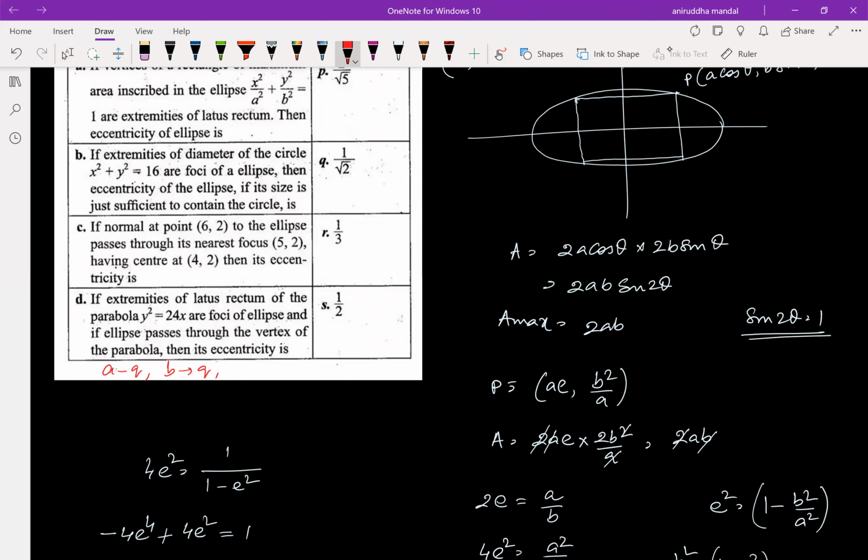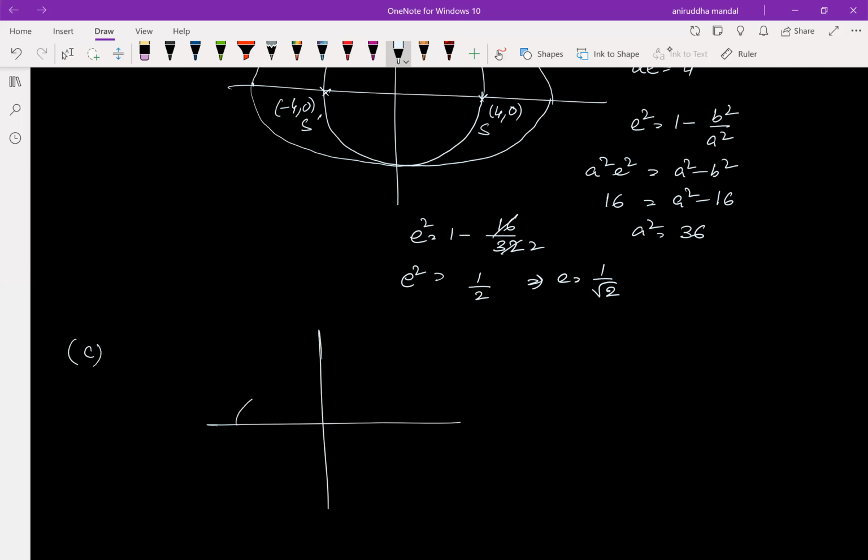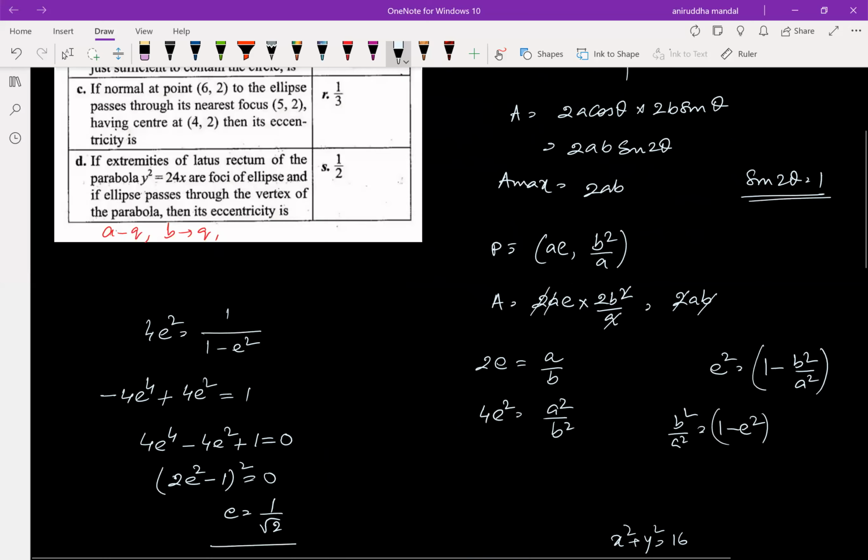Now C. If the normal at point 6 comma 2 to the ellipse passes through the nearest focus. Let me write. So let's say this is the ellipse, and this is given, the nearest focus is 5 comma 2.